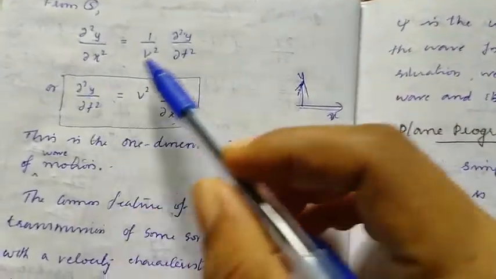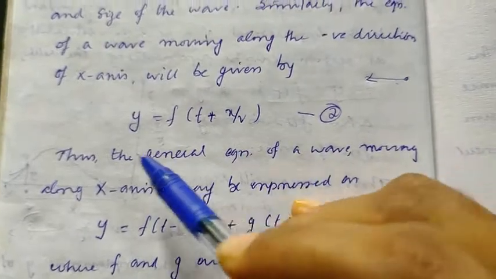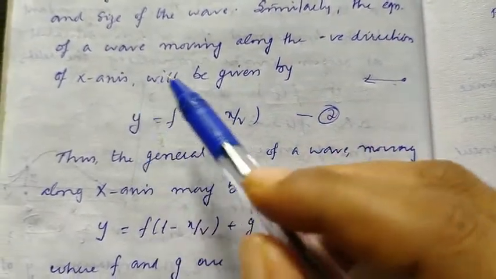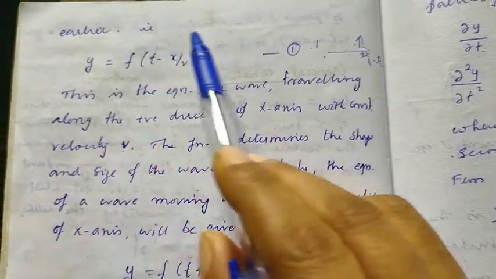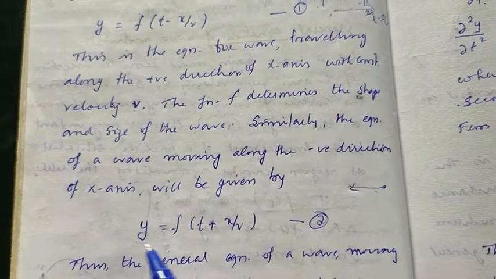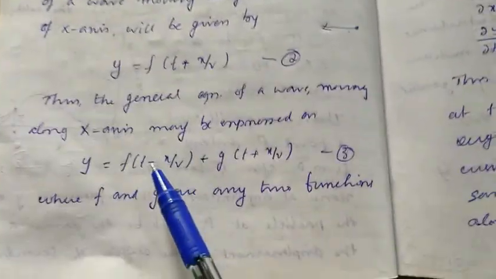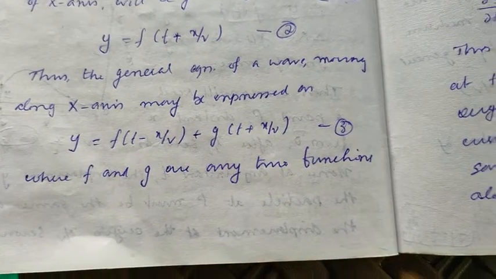This is the one-dimensional differential equation and this is the three-dimensional differential equation, and the displacement of the particle of the wave can be represented like this. If the direction of propagation is positive, it will be in this form. If it is in the negative direction, it will be in this form, and the general representation is like this.